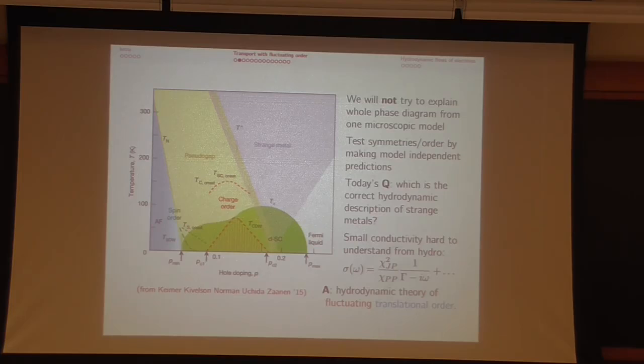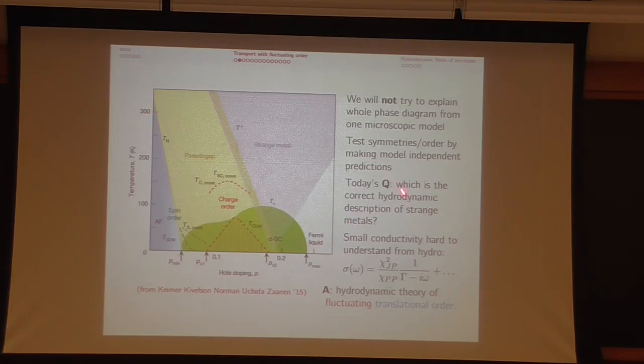For example, the superconducting region has a supercurrent which is conserved, and I mentioned extending this region by allowing for topological defects that relax the supercurrent. This is what's called a fluctuating superconductor. You could ask which region of the phase diagram is described by this type of theory, where there's an almost conserved supercurrent.